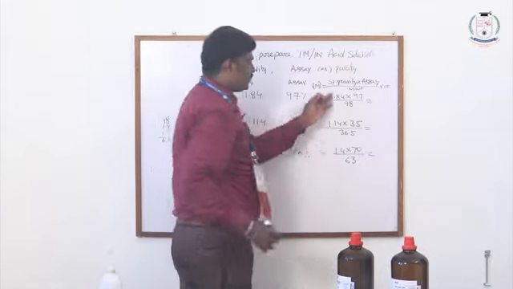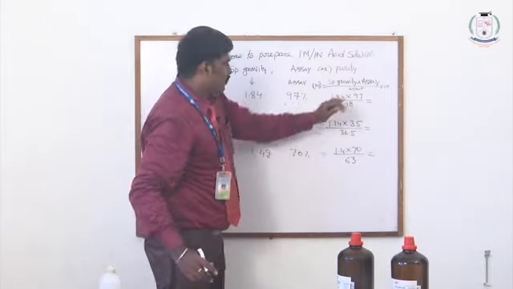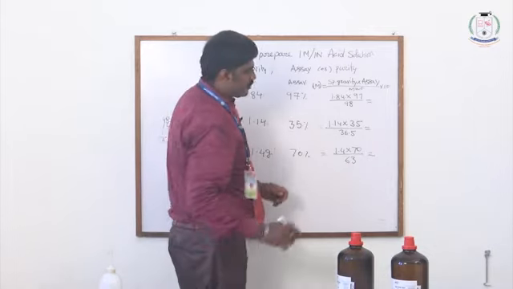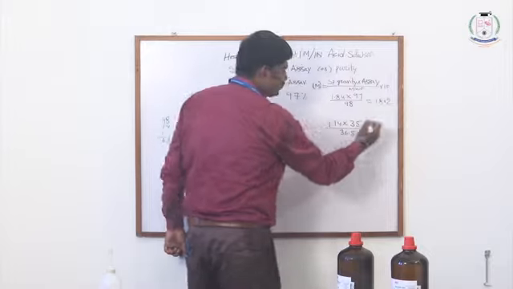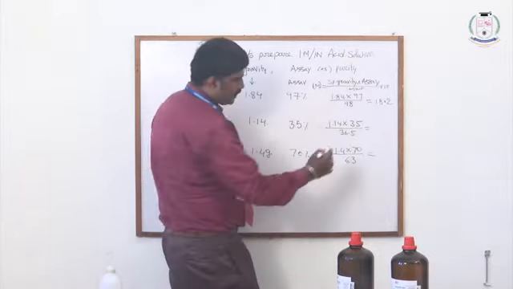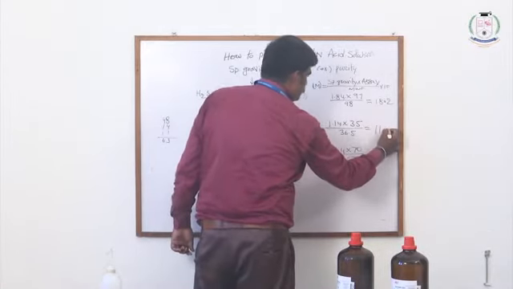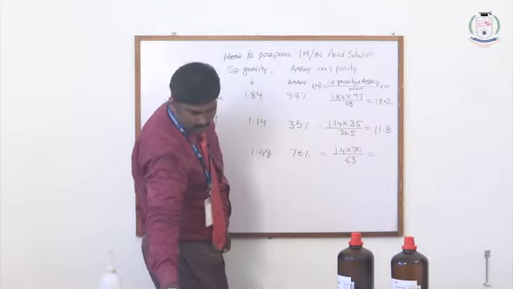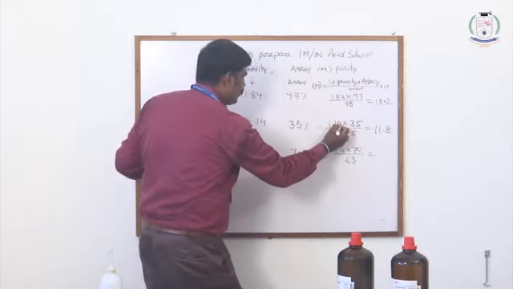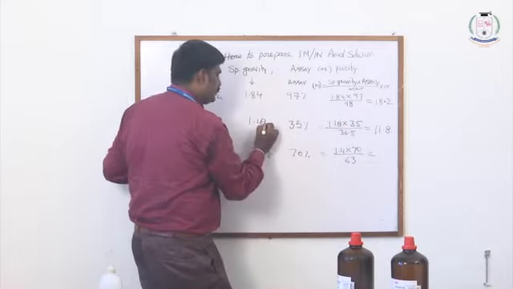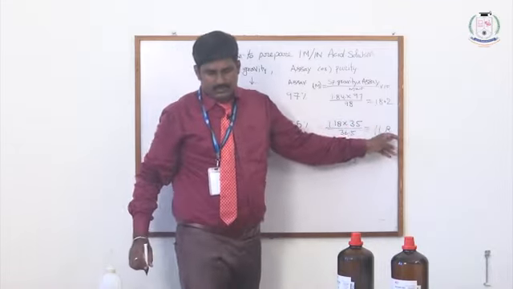So if you calculate these things, you will get the molarity. For sulfuric acid, you get 18.2 molarity, and for HCl you get 11.8, that is 1.18 here. For 1.18 you will be getting 11.8.